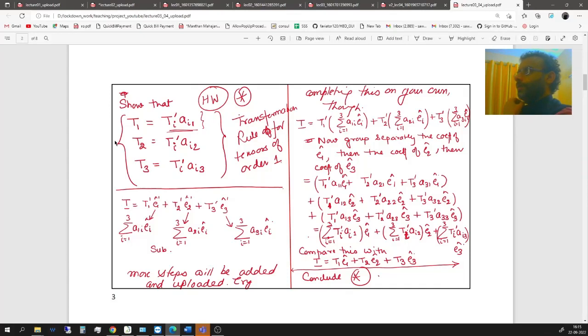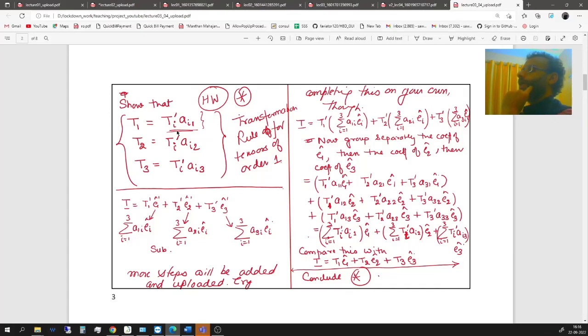So what we have essentially derived is a set of relationships between the scalar components of the tensor T in the green coordinate system and how they are related to the scalar components of the same tensor in the red coordinate system. And this set of 3 equations that you see here is called the transformation rule for a tensor of order 1.